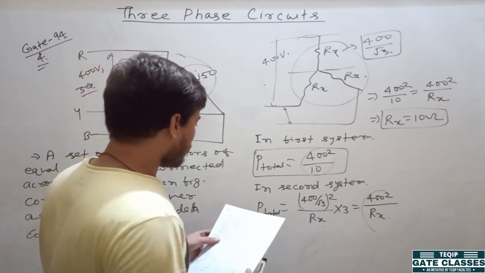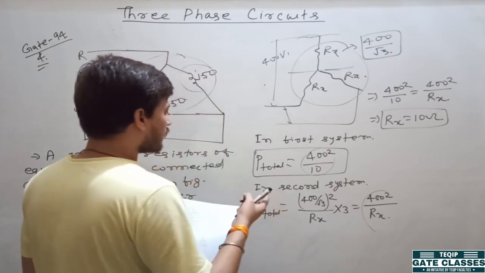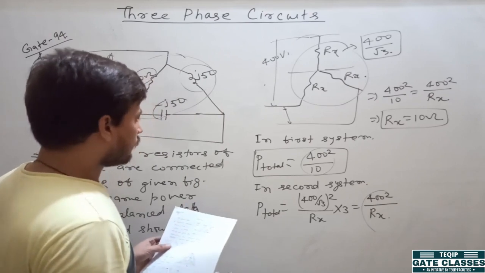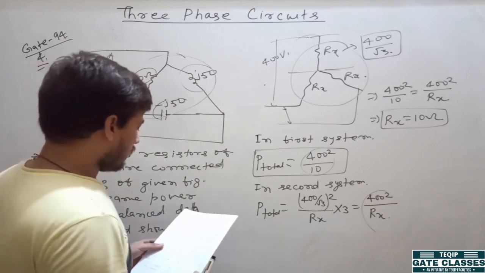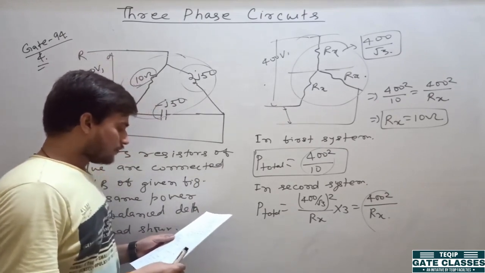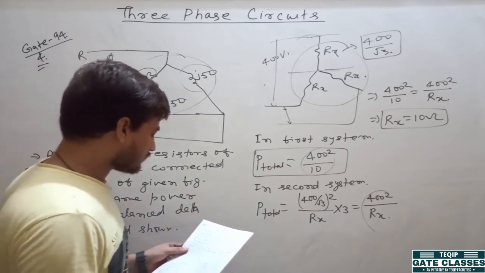Sorry, here one thing is missing. In the first system it is 400 square divided by 10, and in the second system it consumes the same power as the unbalanced delta load shown.